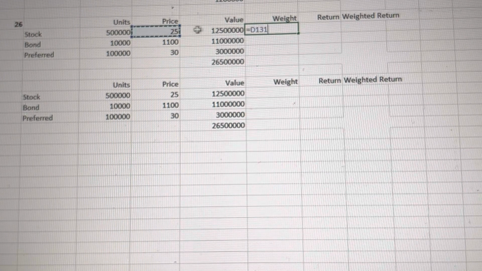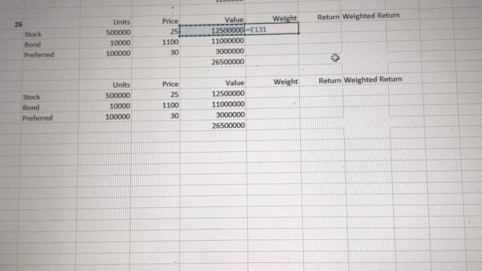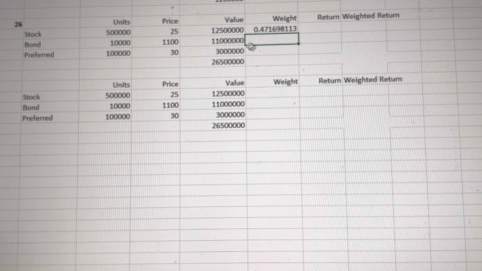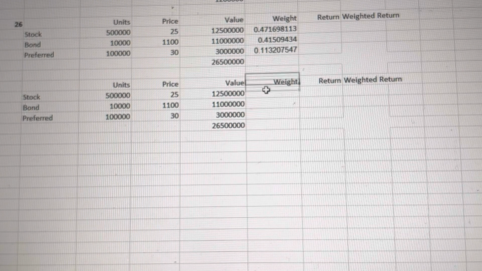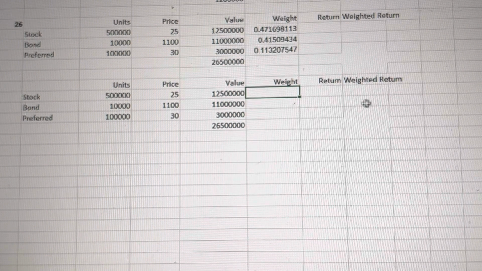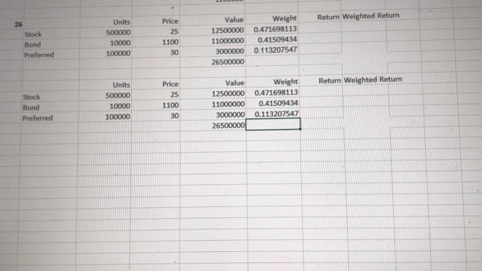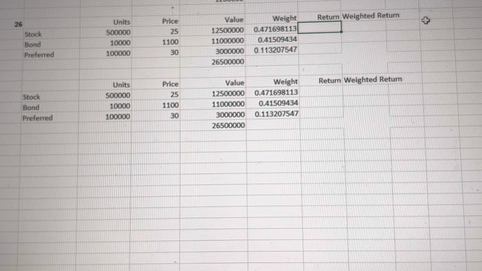The weight is the value divided by the total value. These values are the same for both parts. The returns are where it's different.